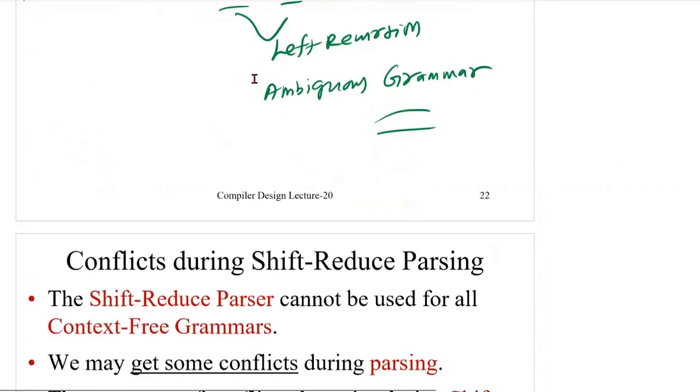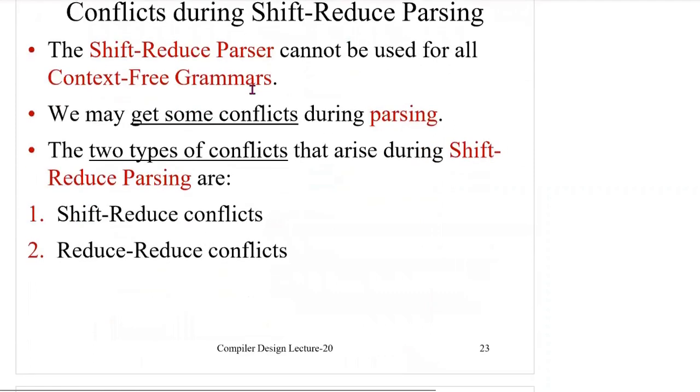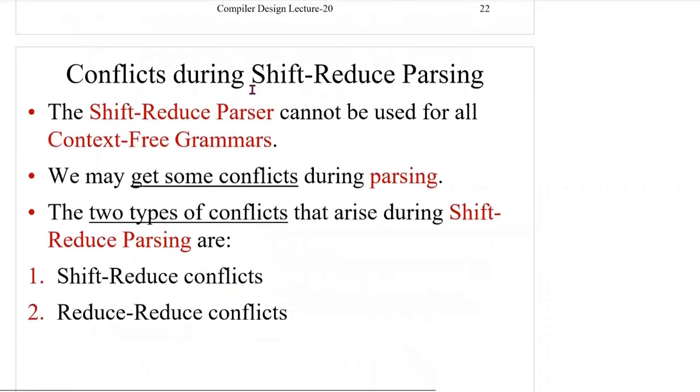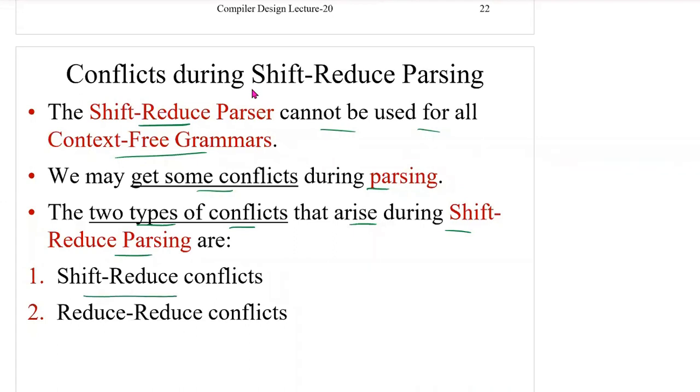Now there are some conflicts during shift reduce parsing. The main conflicts are based on the two actions, shift and reduce. The shift reduce parser cannot be used for all context-free grammars. We may get some conflicts during parsing. The two types of conflicts that arise during shift reduce parsing are shift reduce conflicts and reduce reduce conflicts, that is, SR conflicts and RR conflicts.